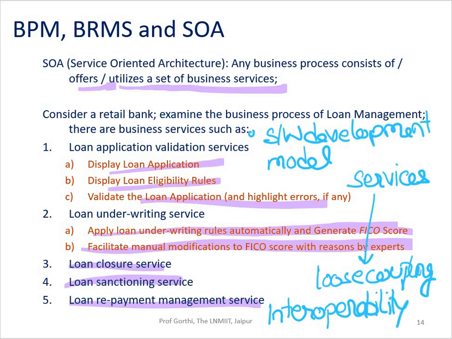This interoperability will be between apps and services. So there are several ways to implement it. This particular thing, service oriented architecture, is independent of the vendor and technology. That means a wide variety of products can be used to implement the architecture.